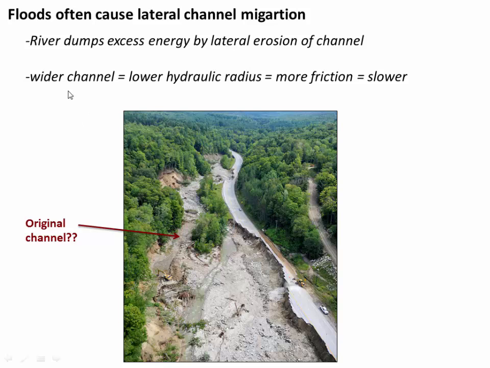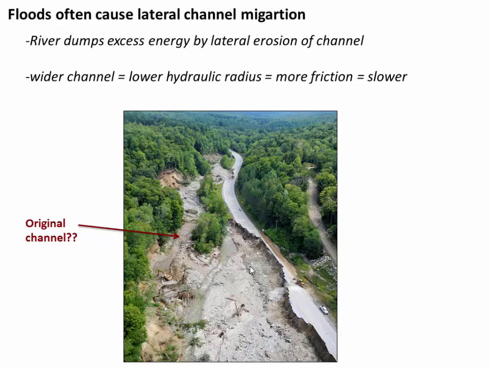But also, you end up with a wider channel, which has a lower hydraulic radius, which means more friction, which means the water goes slower. So what the river's really saying is, wow, I've got too much discharge. I've got to make myself a bigger channel that has more friction per unit area so that next time there's a flood, the floodwaters are going to go a little bit slower through this reach because the channel is wider.